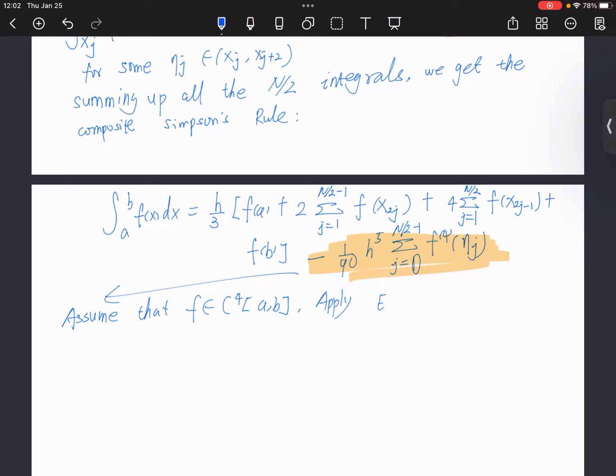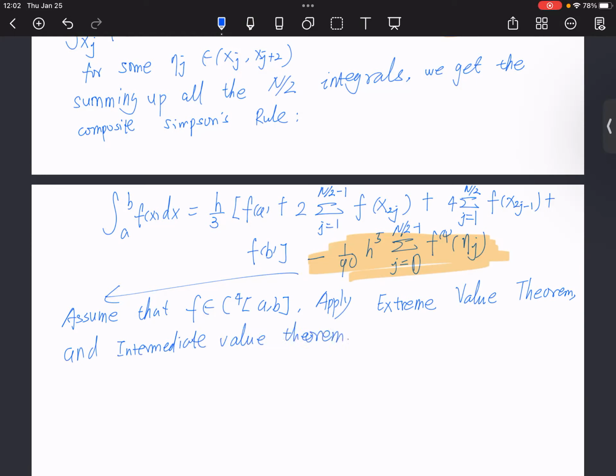I'm not going to give you a lot of details here in the class, but I have included all the things in the notes when I post it to Canvas. But here, the idea is to apply the extreme value theorem and the intermediate value theorem.